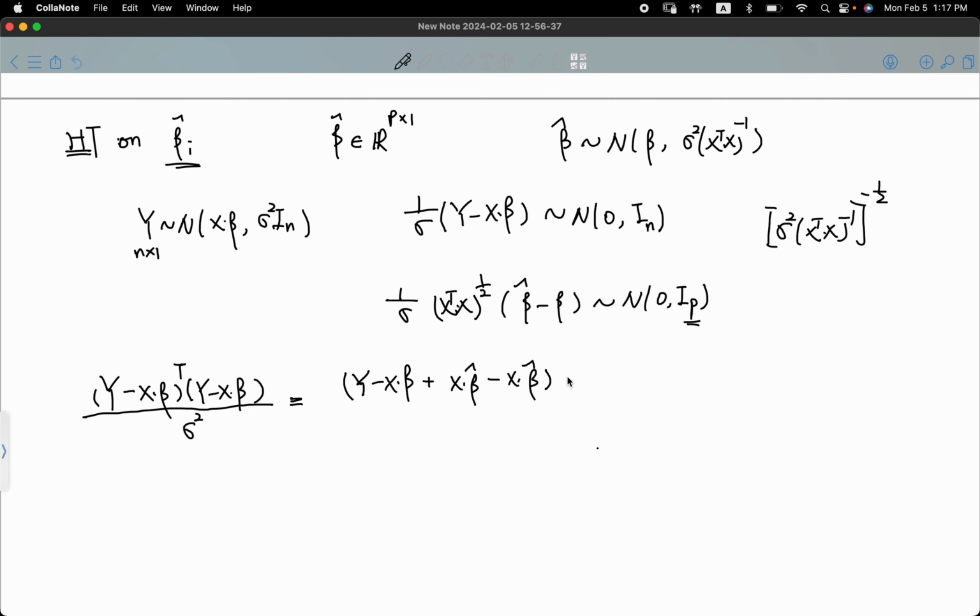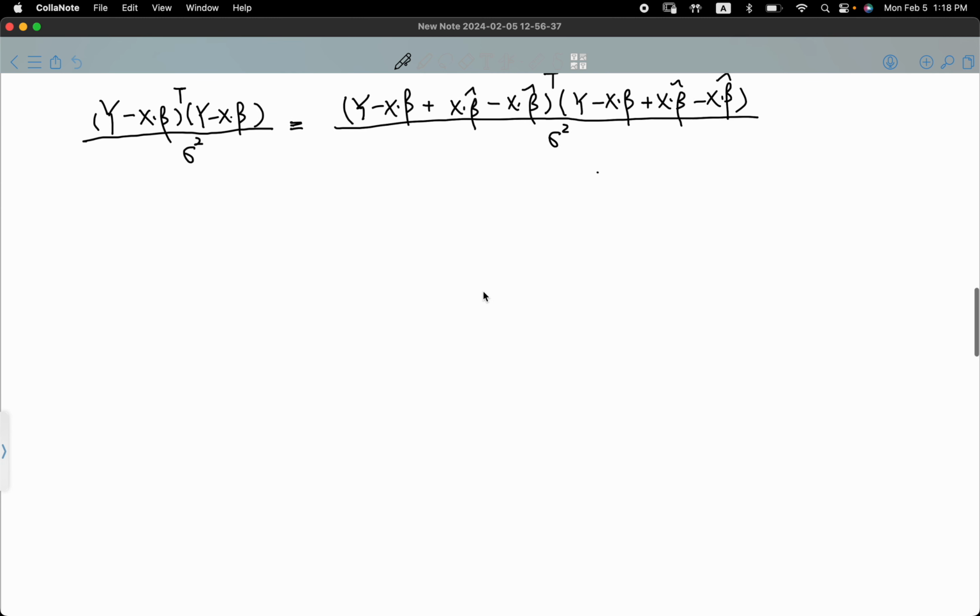Okay, so it does not change the quantity, but we are introducing new notation here. So let's further simplify from here.